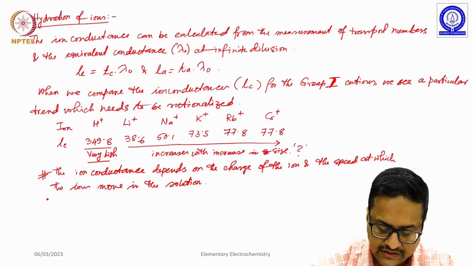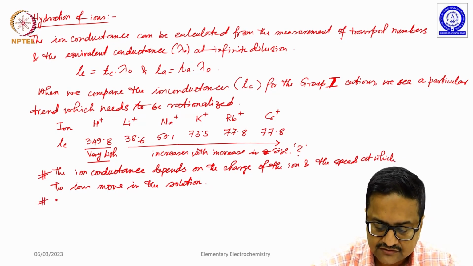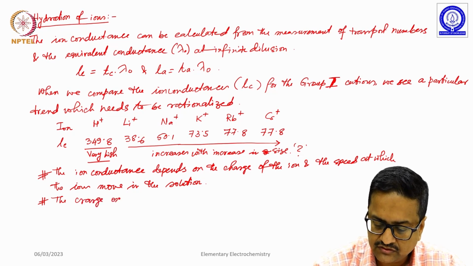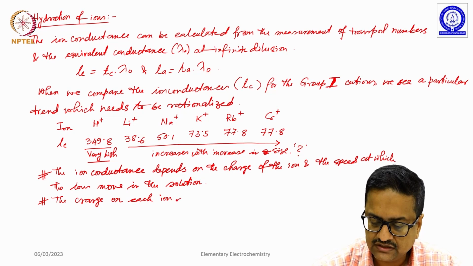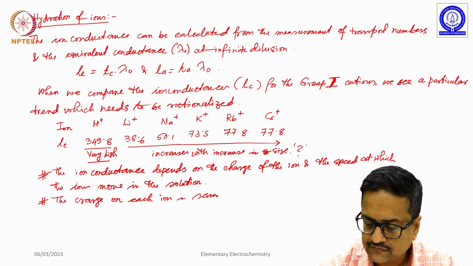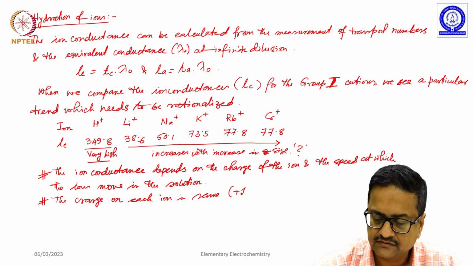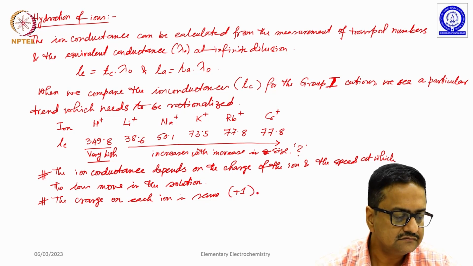In this particular case, in case of group 1 cations, the charge on each ion is the same, that is +1, right?